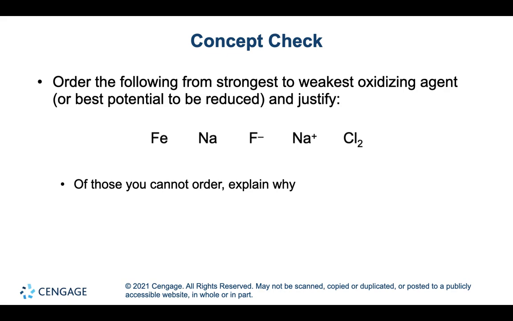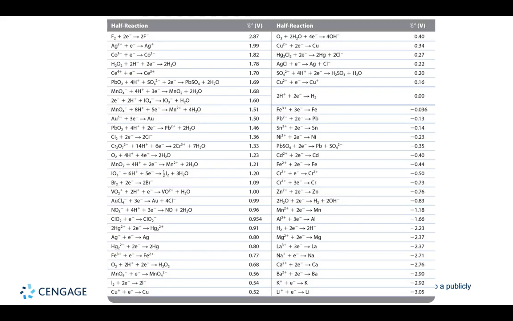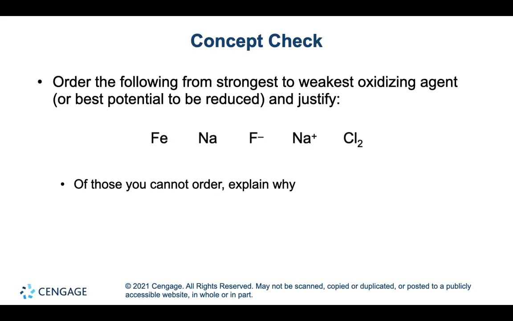So I'm looking at Fe. Well, back on this chart, Fe is only ever neutral or positive. It's never negative. We never add electrons to metals. We always take electrons away from metals.